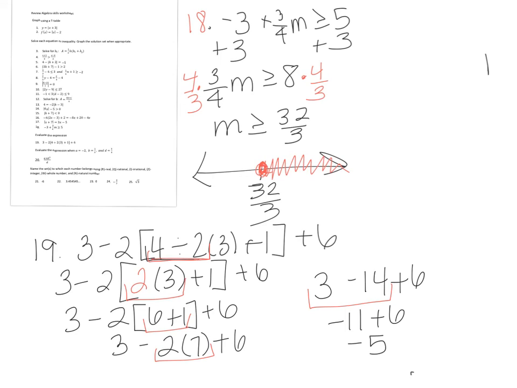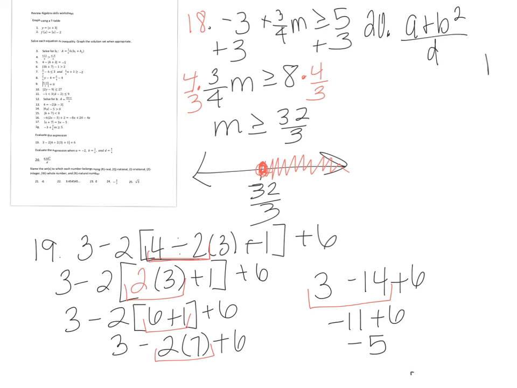Okay. And then number 20, we're going to add that up here. We have evaluate the expression when a equals negative 2, b equals 1/3, and d equals 3/4. And it's a plus b squared divided by d.